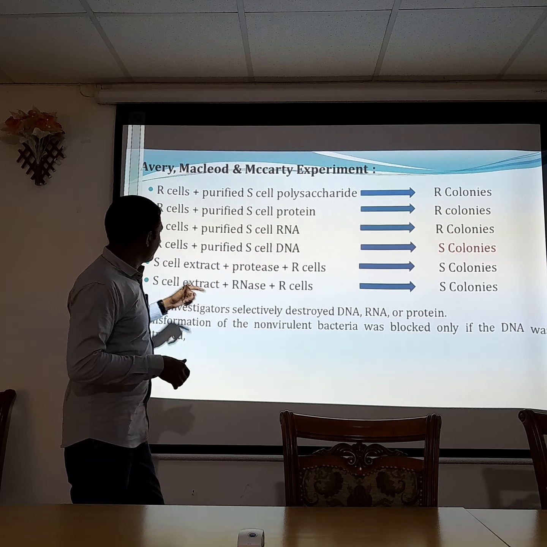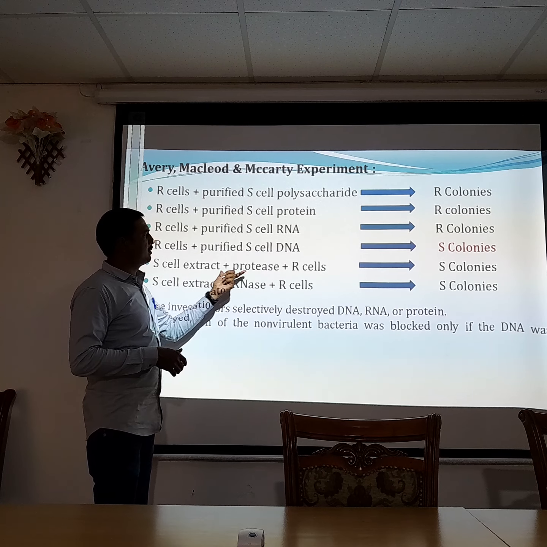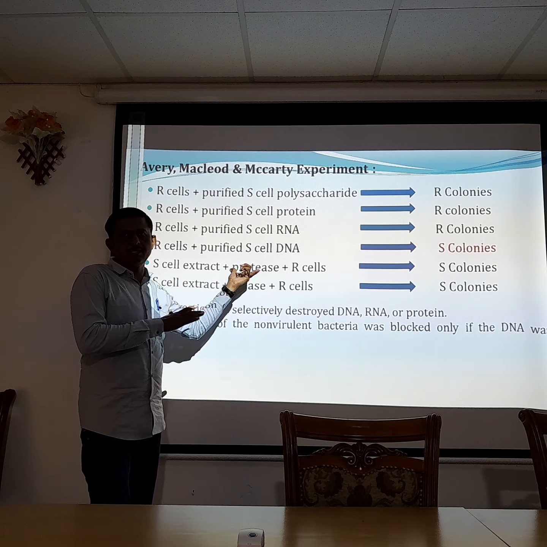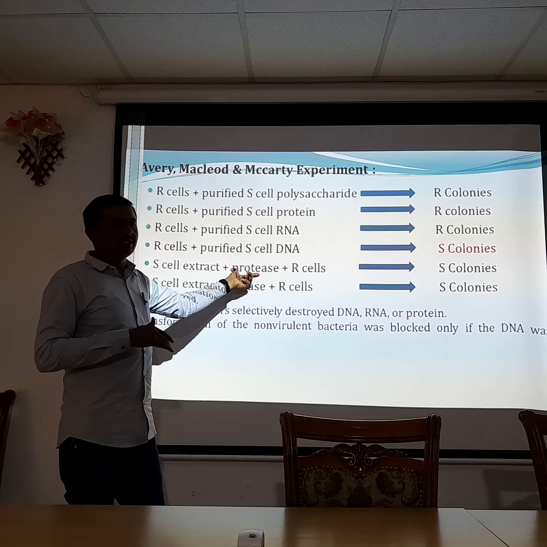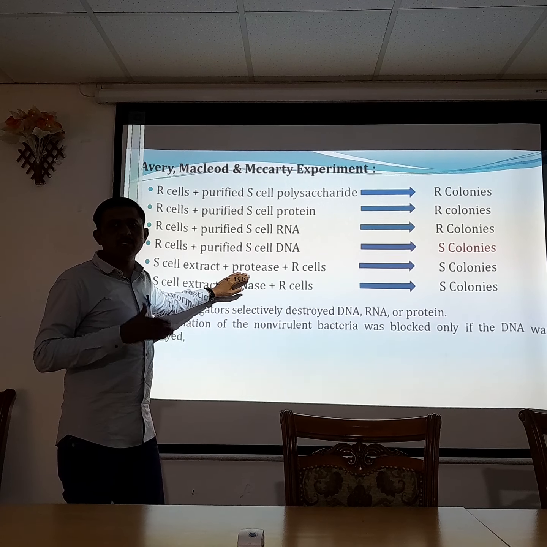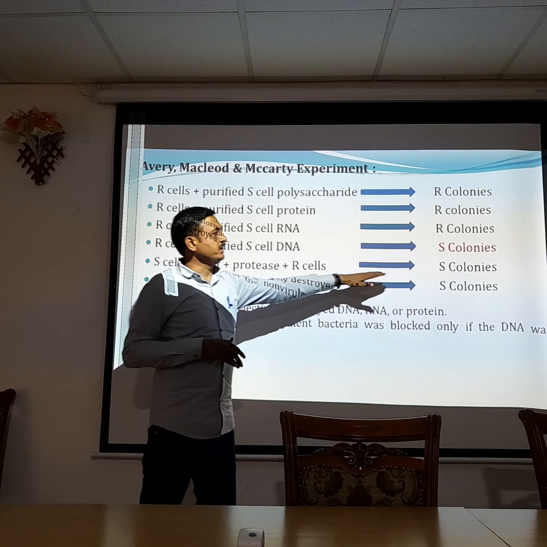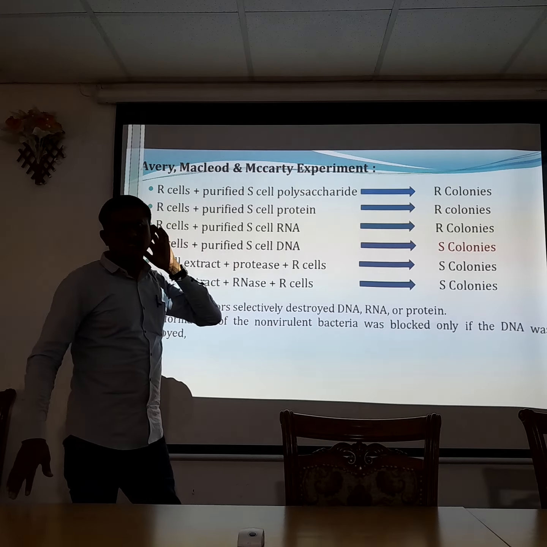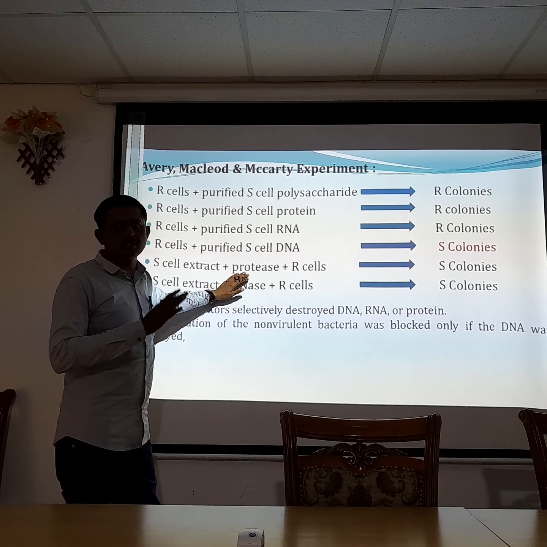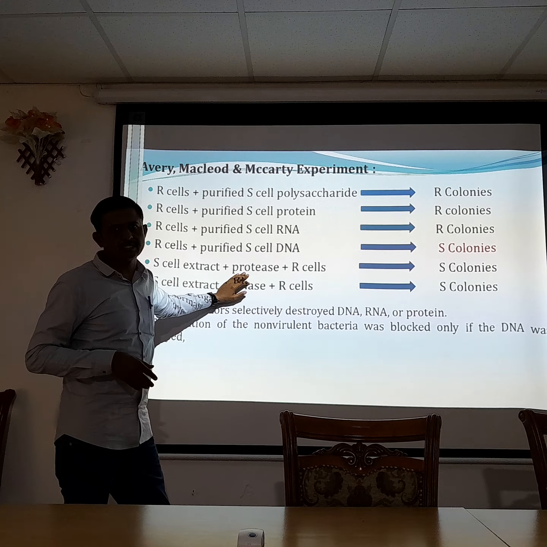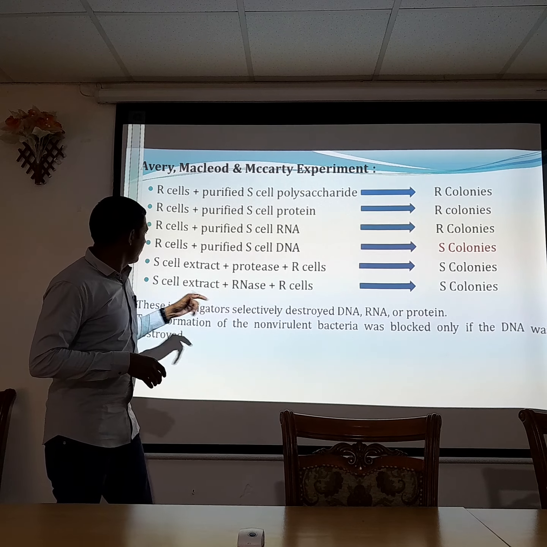At the next level they carried out S cell extract plus protease to hydrolyze the protein. They treated that extract with protease enzyme plus R type cells and found that S type colonies were observed. That means protein is not the substance transferring information from S type cells to R type cells.